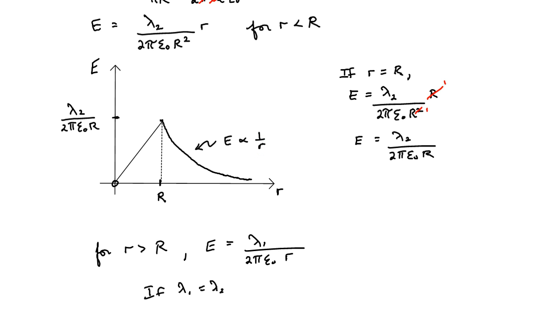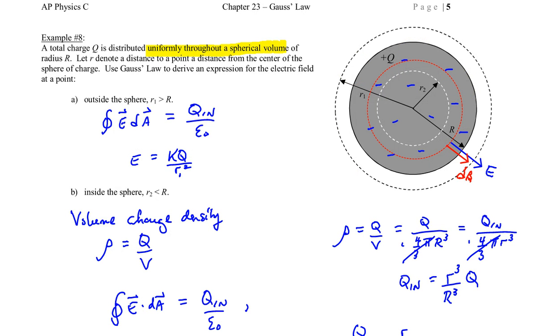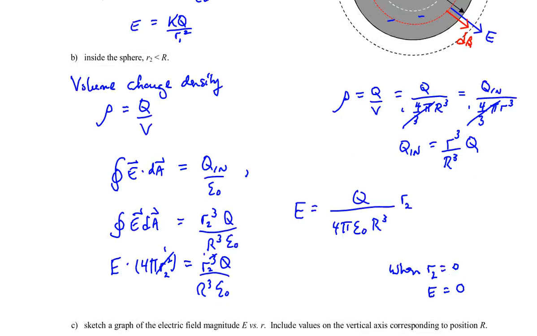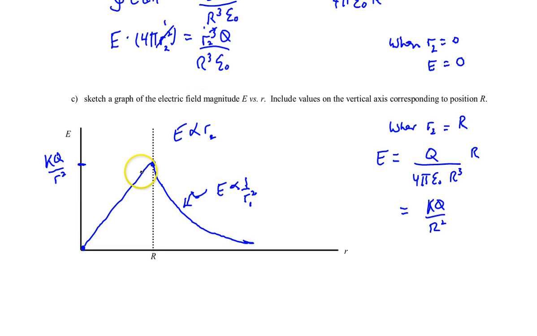And hopefully you'll notice this is very similar to the non-conducting solid sphere we did earlier in example 8, as shown down here, where you look at the graph and we had something like this, except now it was 1 over r squared for a solid sphere that was non-conducting.